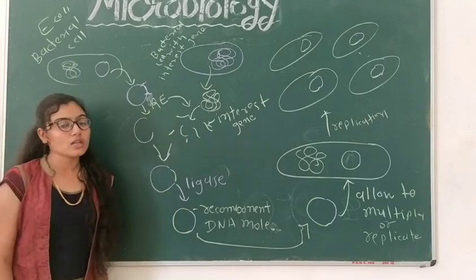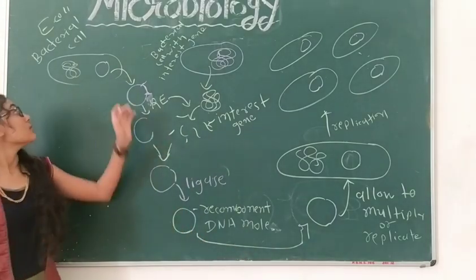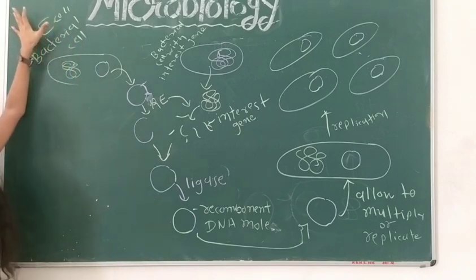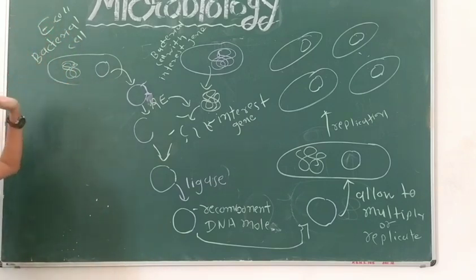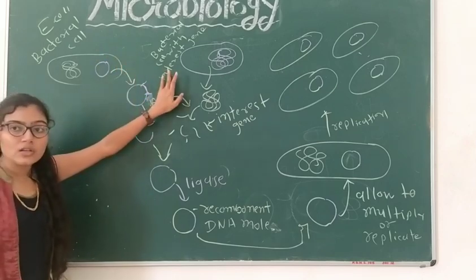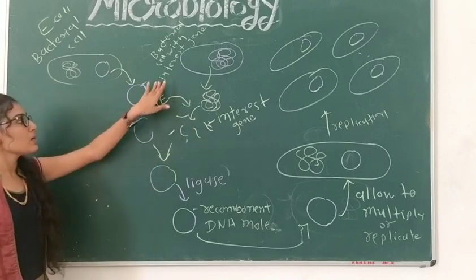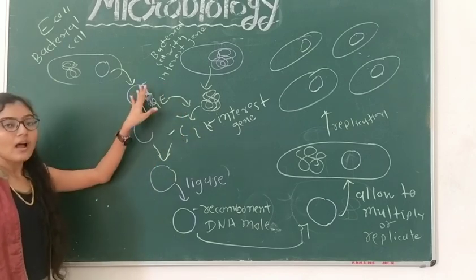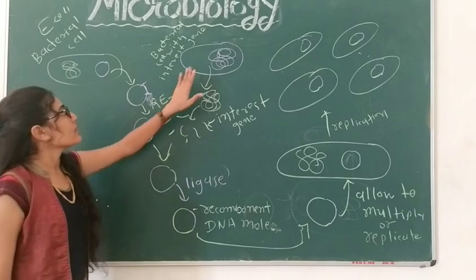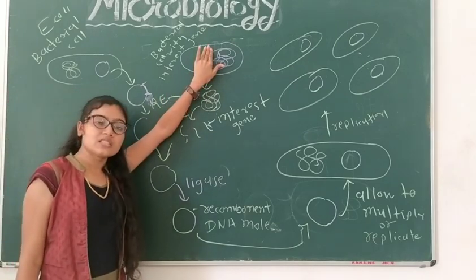Okay. Now first we will discuss each and every step in detail. First of all we will take a bacterial cell that has the plasmid. First isolate the plasmid. After isolation we will use restriction endonuclease enzyme and it will cut at the specific site. After the cut we will take the bacterial cell that already has our desired insert gene.